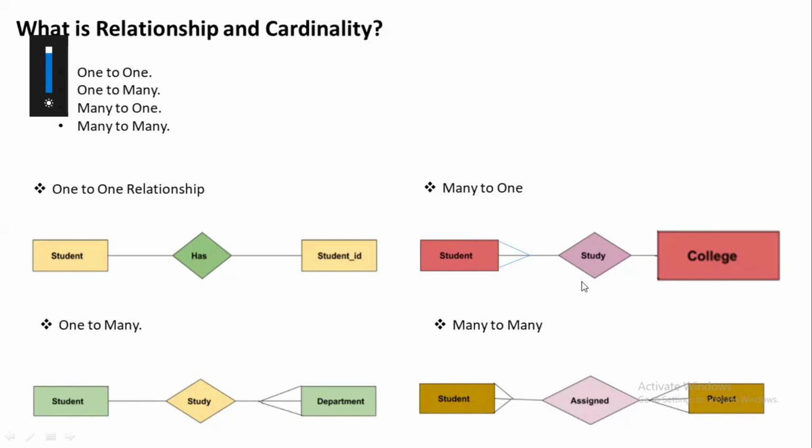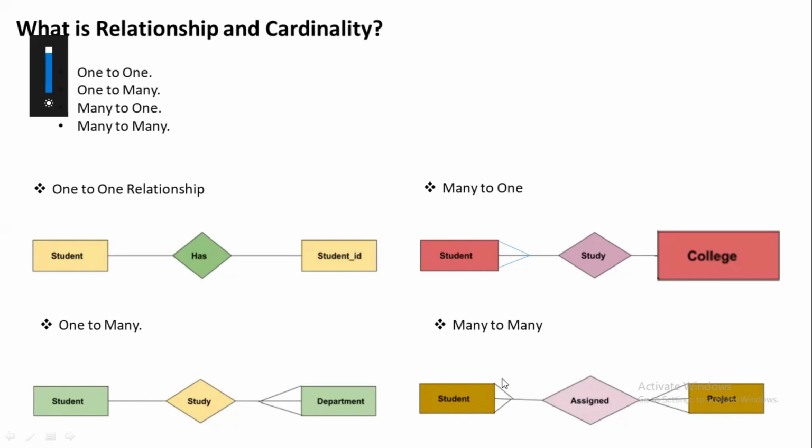So the final one is the many-to-many relationship. In a many-to-many relationship, many instances of entity A can associate with a given instance of entity B, and similarly, many instances of entity B can associate with a given instance of entity A. For this example, these are the two entities, student and project, and this is the relationship between them. A student can be assigned to many projects and a project can be assigned to many students.